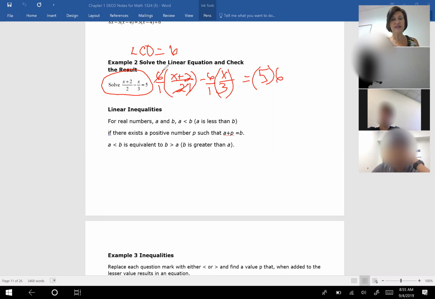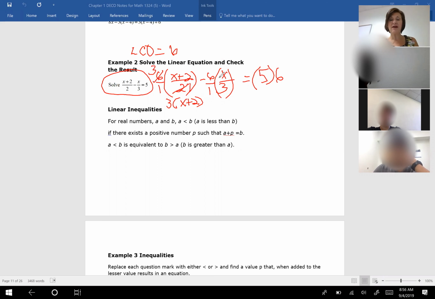How many times will 2 go into 6? 3 times. Look what I have now. I have 3 times x plus 2 in parentheses, and all of that's over 1. When it's over 1, I don't have a fraction anymore. That's the magic.